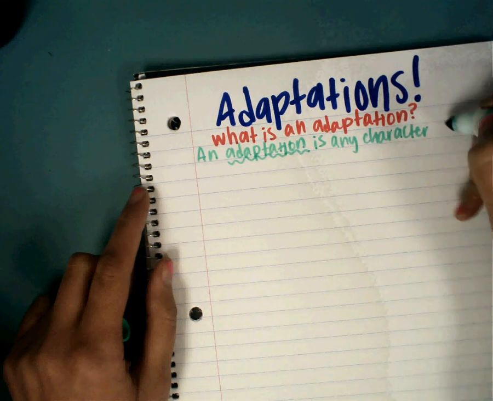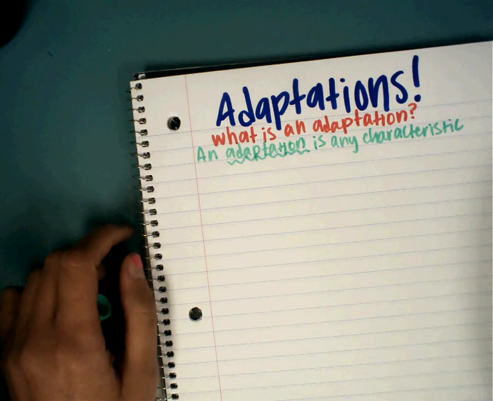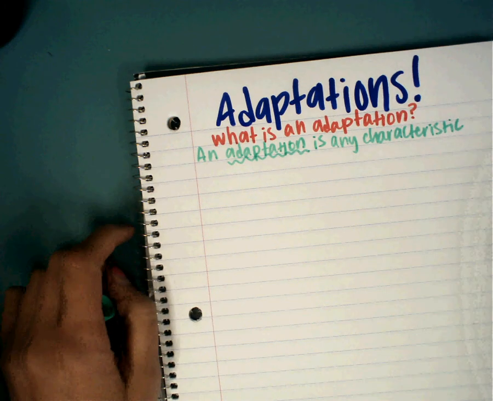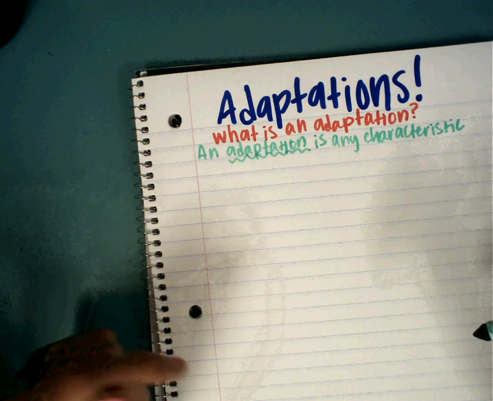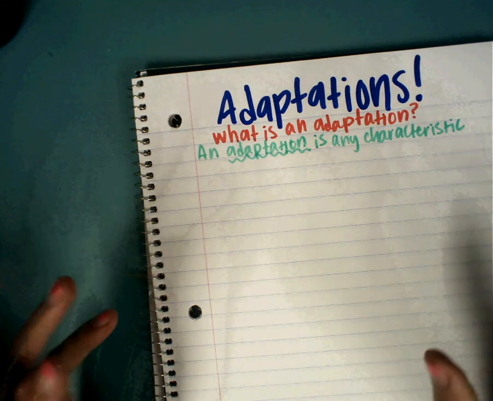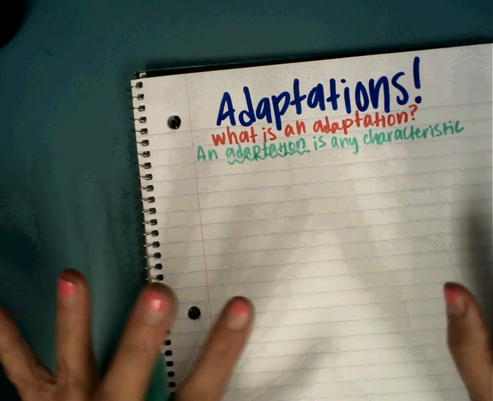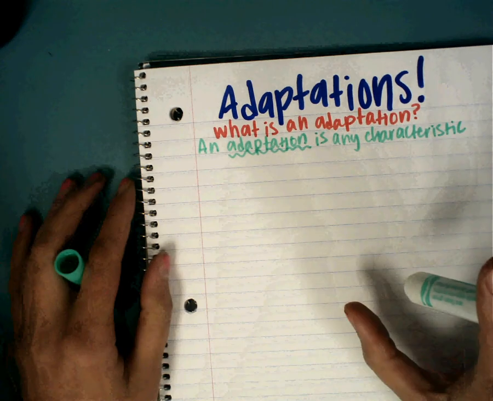One of my characteristics is that I'm really tall, right? One of my characteristics is that I'm right-handed. One of my characteristics is that I have green eyes, okay? Those are characteristics. It's something that is either physical or behavioral, meaning physical is something you can see by looking at it, and behavioral is something you see whenever it's something that it does, how it acts, okay?